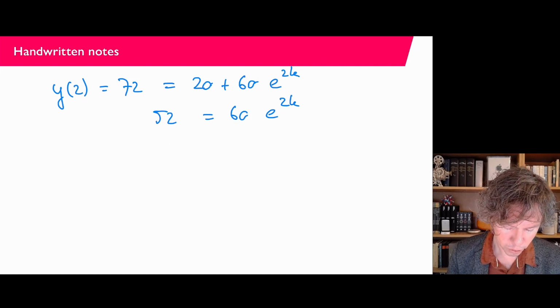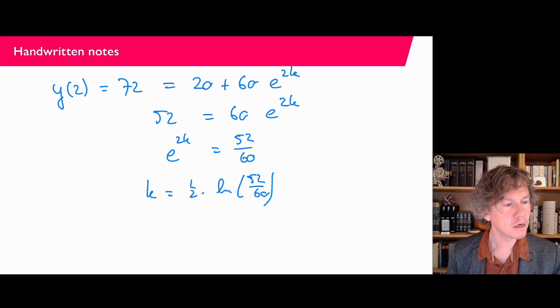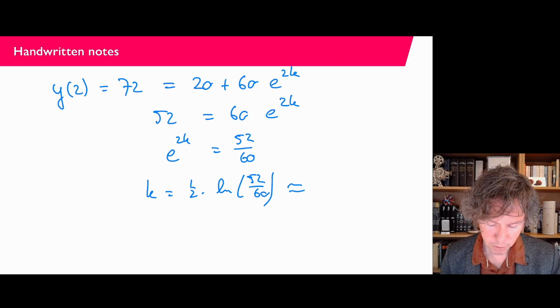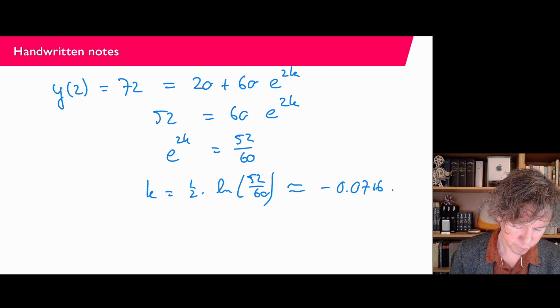In other words, e to the power 2k is 52 over 60, and k itself is 1/2 times the ln of 52 over 60. And if you compute this, then you find that this is minus 0.0716.